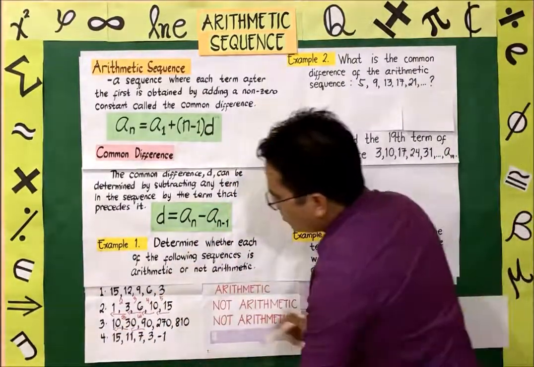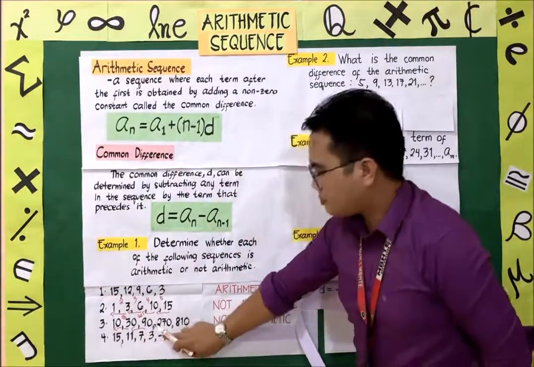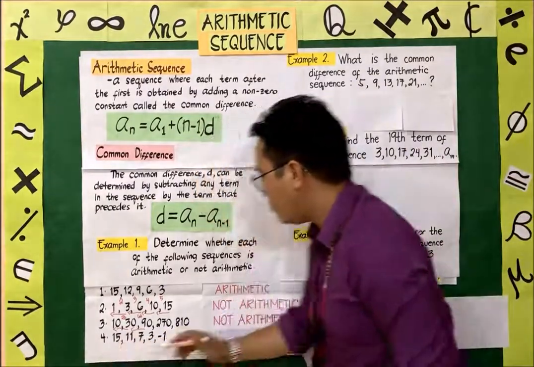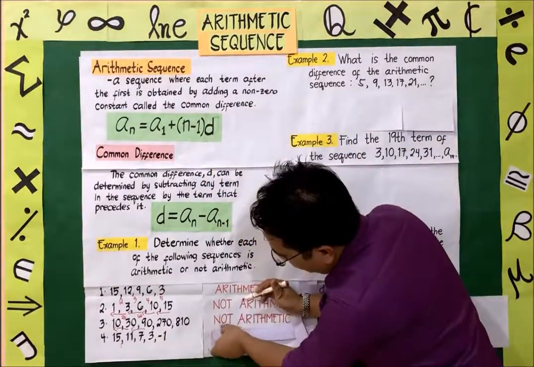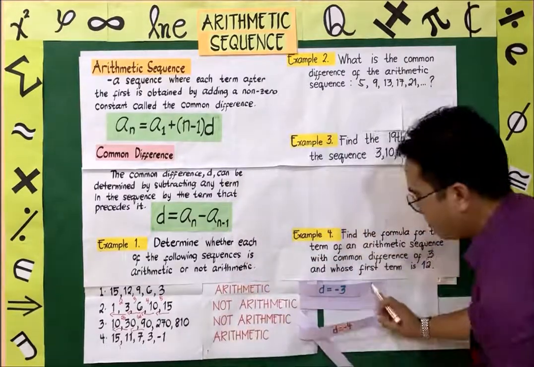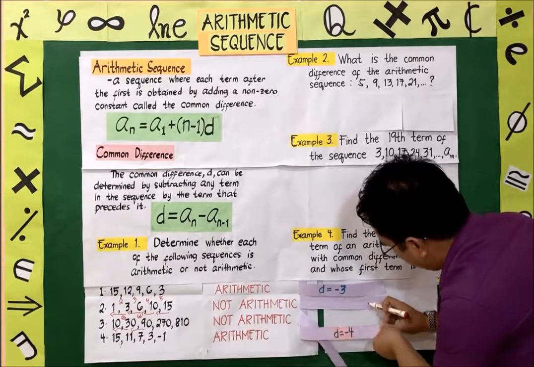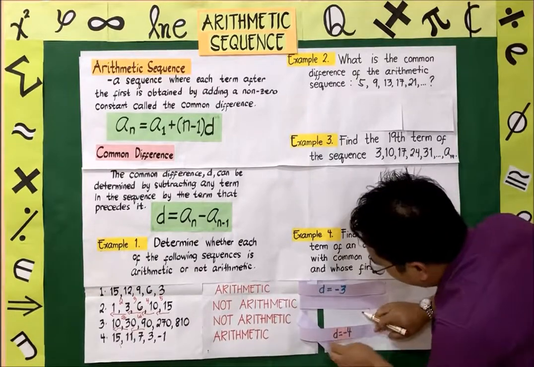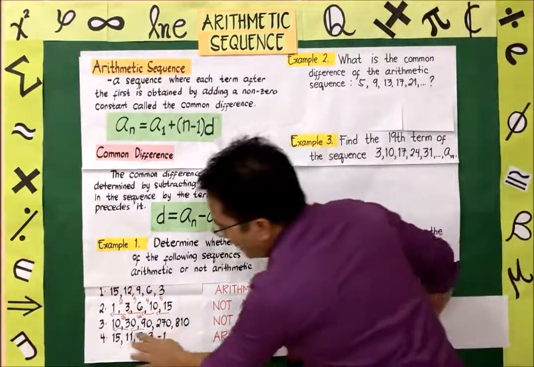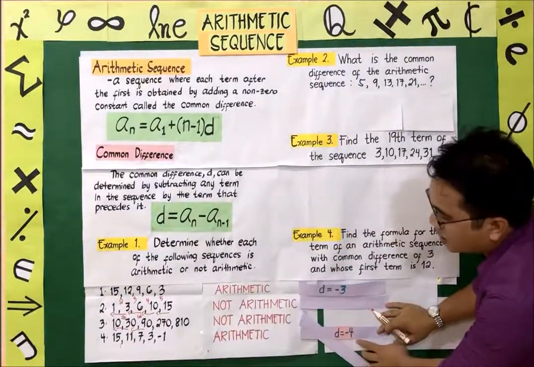Okay, the last one is we have 15, 11, 7, 3, and negative 1. So, mapapansin natin dito sa number 4 that it is an arithmetic sequence with a common difference of d is equal to negative 4. Why? Kasi sa 11 minus 15, the result is negative 4.